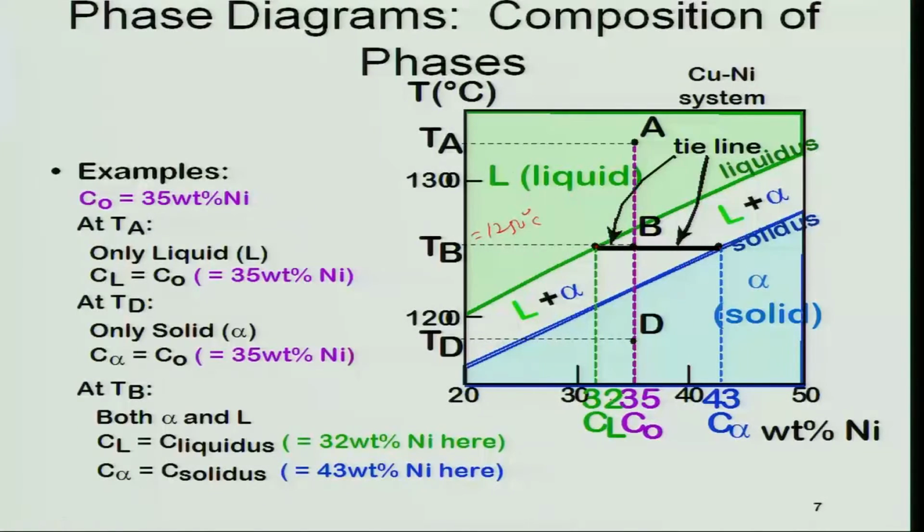So I draw vertical lines from these points and get the compositions. Solid composition is 43% nickel, liquid composition is 32% nickel, because the top one is liquidus, the bottom one is solidus.